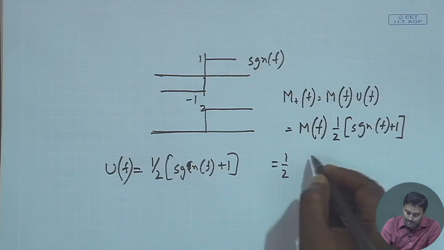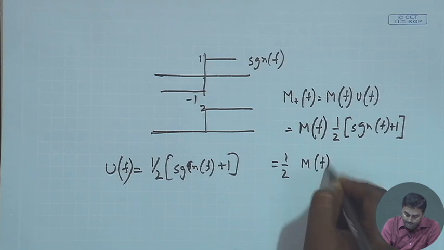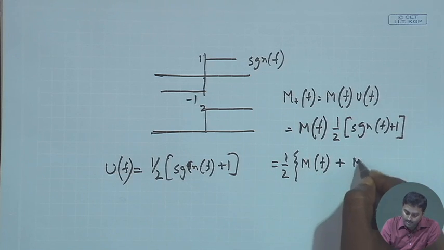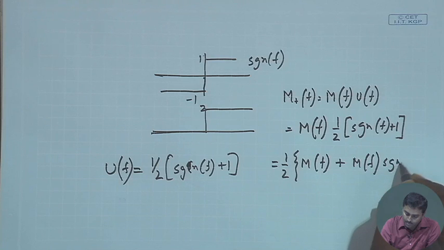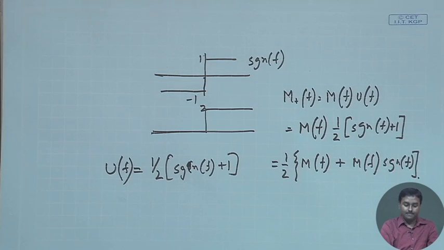This I can write as half, MF plus MF into signum F. I can write it this way.